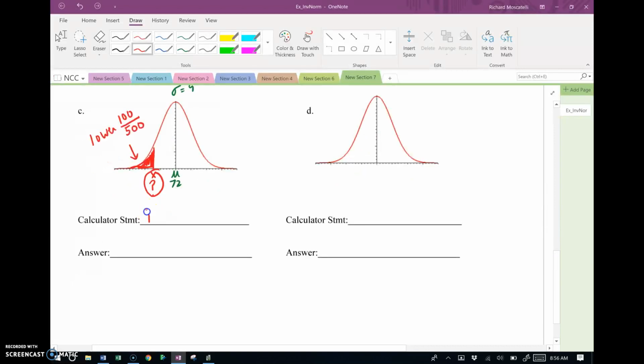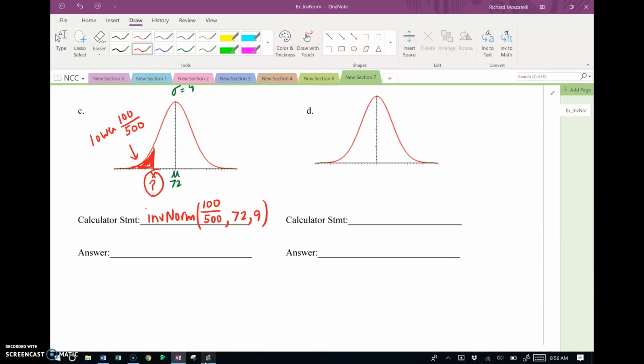All right, so my calculator statement, inv norm, area on the left. Now, if you want to type that in your calculator and get it as a decimal first, go right ahead, but I don't see a need to. Let the calculator calculate that for you. This is technically a decimal, which is a percentage, which is an area to us, right? 72 is the mean, and the standard deviation again is 9.